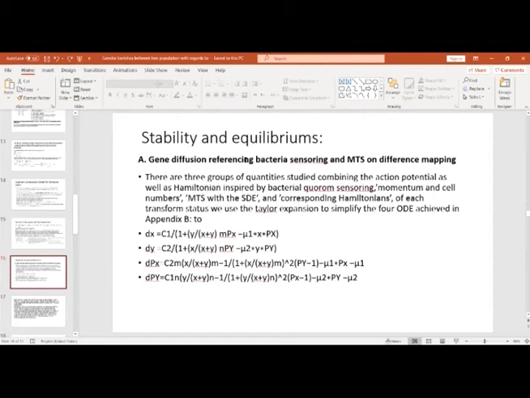And then there is the stability analysis I have mentioned before.